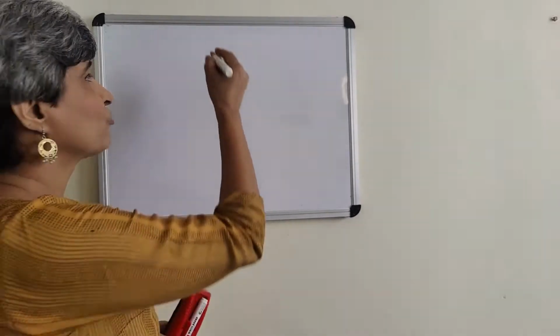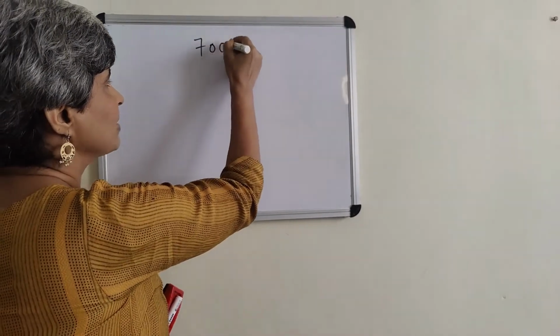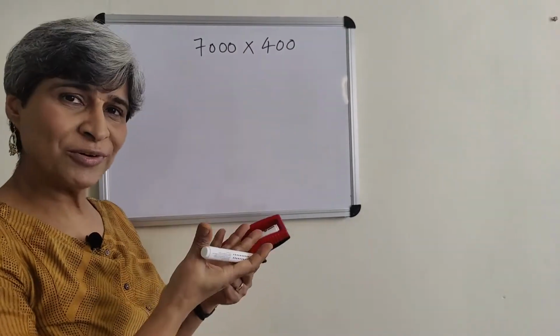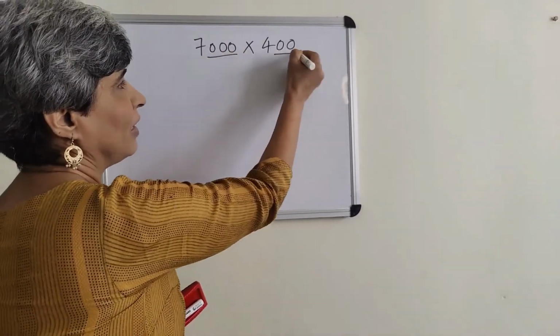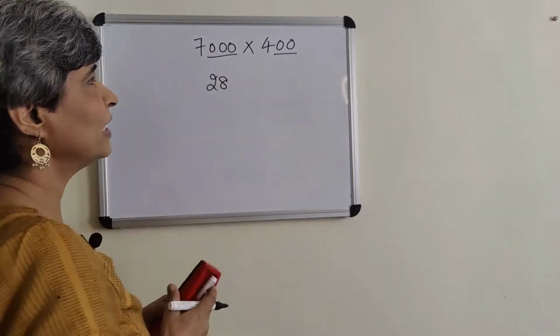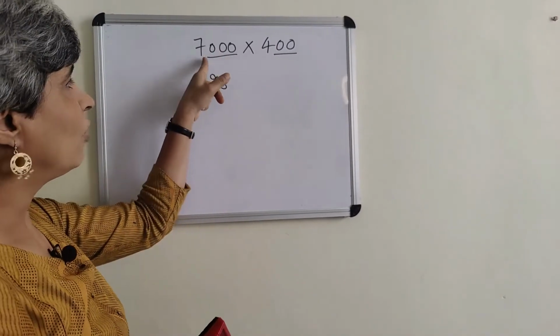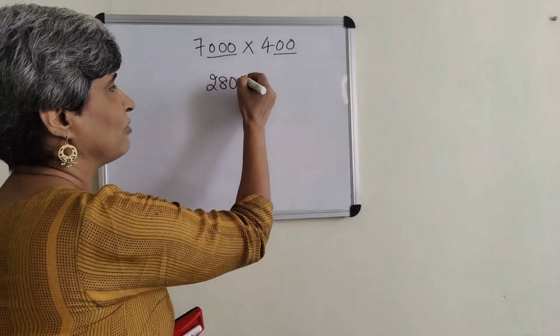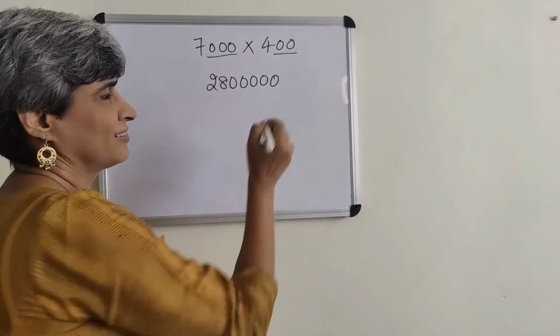Okay. Hope you're finding this useful. We'll end with one more example. If I have to take the same example but with some more zeros. How many zeros? Park them aside. 7 4s are 28. Count the zeros. 1, 2, 3, 4, 5. Just dump them in front of your product.